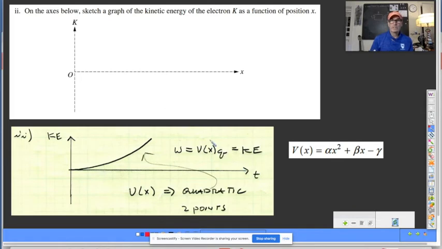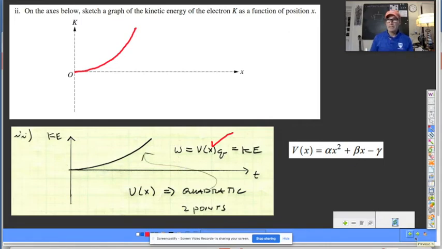Now notice that our electric potential function is a quadratic. So I'm assuming that if the electric potential function is a quadratic and we're just multiplying by a constant, the fundamental constant, the charge on the electron, then so is the kinetic energy function. So I'm going to draw a graph that resembles a quadratic, as you see there.